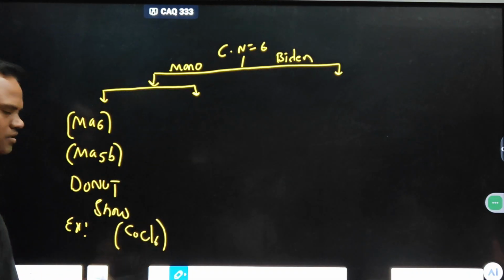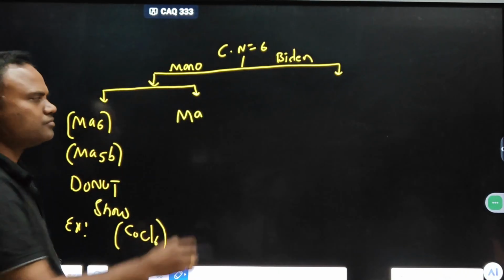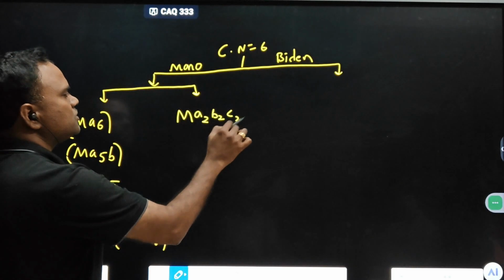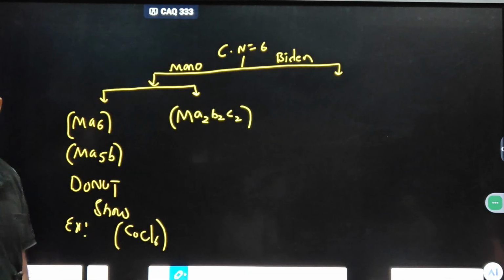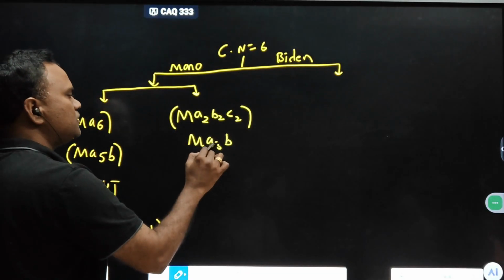CoCl6, 6 chlorine atoms. CoCl6 type do not show. Here MA2B2C2 category. MA3B3 category.